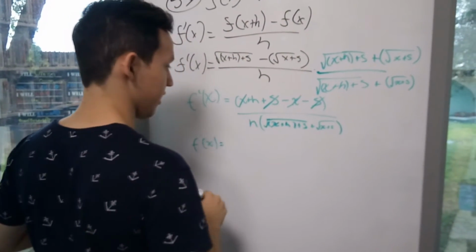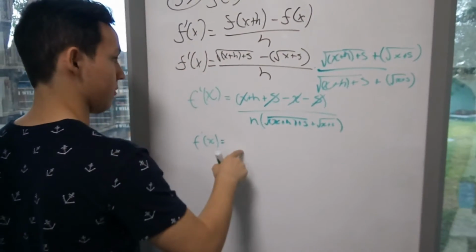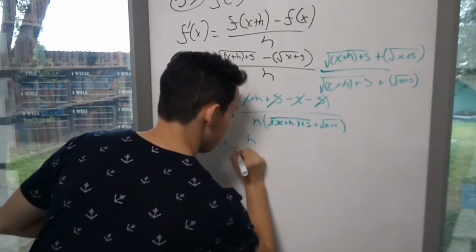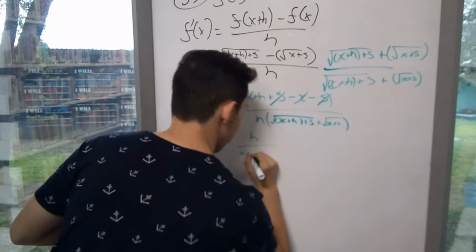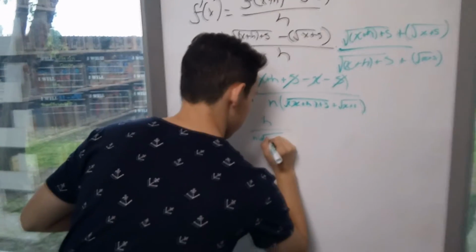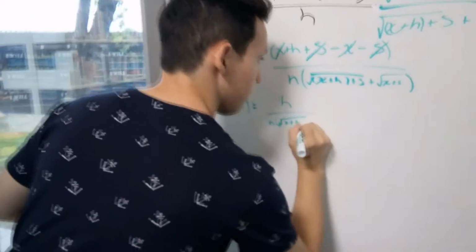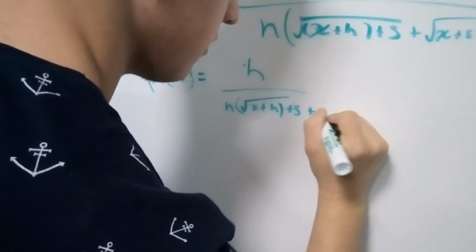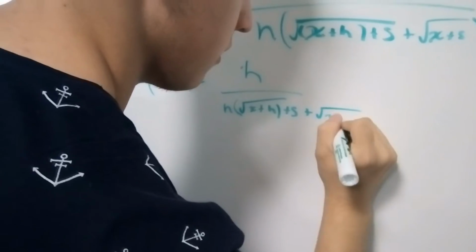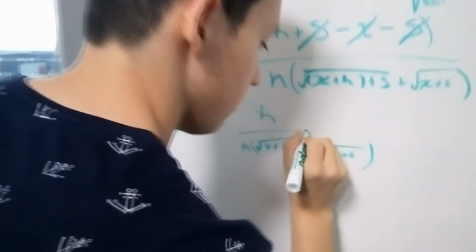This one will have to stay, and the function right now would simply be h over h and the rest of the conjugate, the square root of x plus h plus 5 plus the square root of x plus 5.